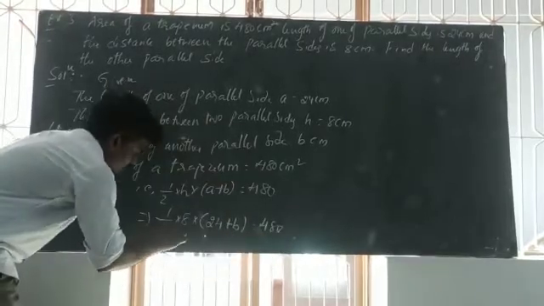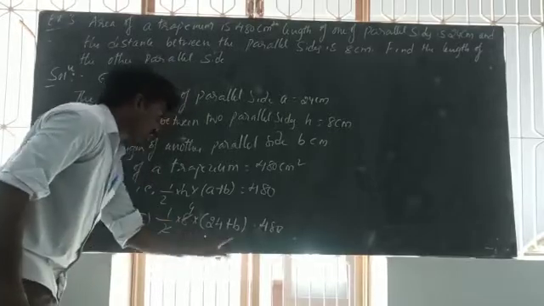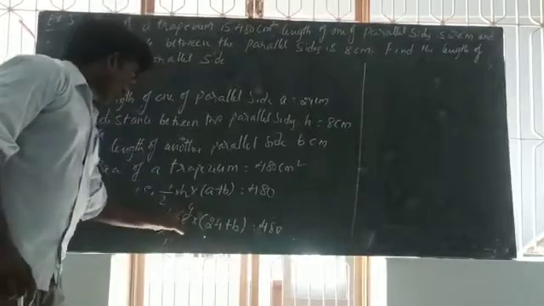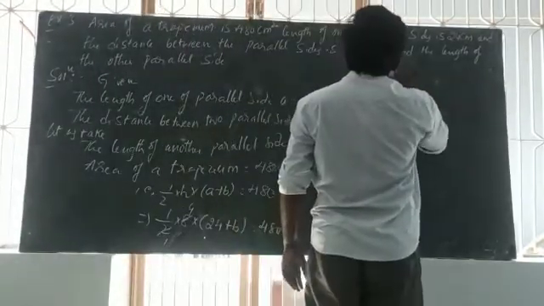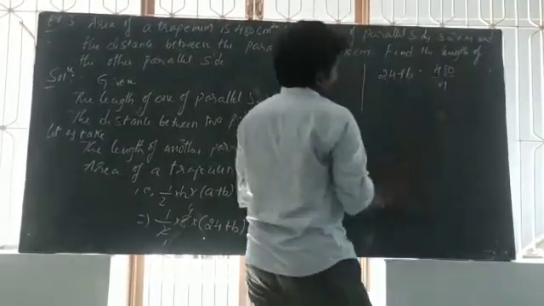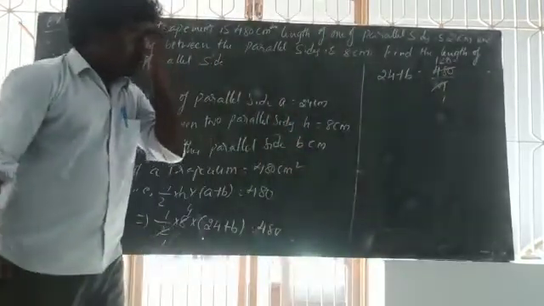So 2 ones are 2, 2 fours are 8, so 4 into 24 plus b is equal to 480. The 4 is multiplied, so it is going to divide. So 24 plus b is equal to 480 by 4. So 4 ones are 4, 4 threes are 12, 4 times 120 is 480.